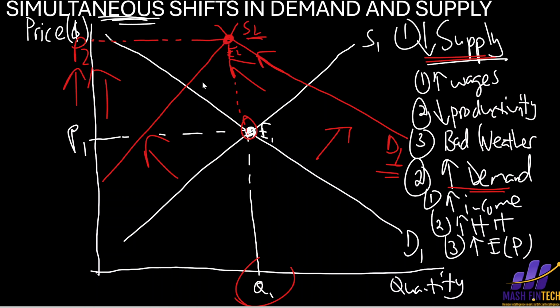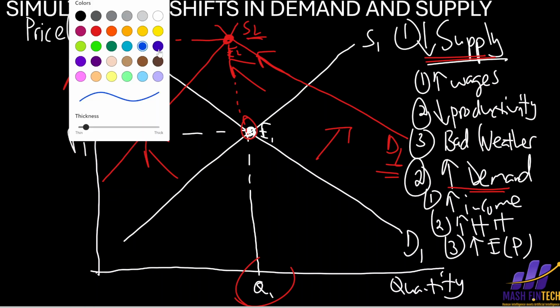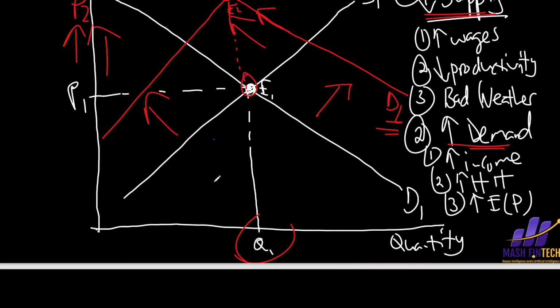The change of the quantity in this instance is going to depend on the extent of the shift of the curve. What I like doing personally to avoid confusion is drawing the graphs separately so that I can see the shifts. So I'm going to draw these graphs separately and show you how I would come to a conclusion.